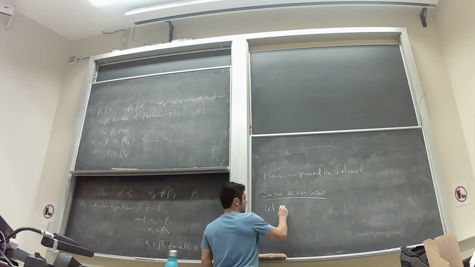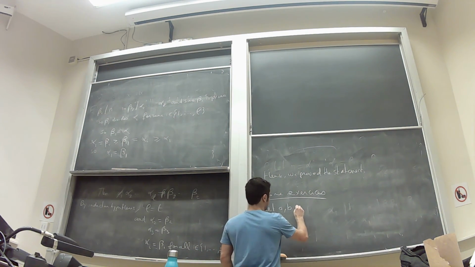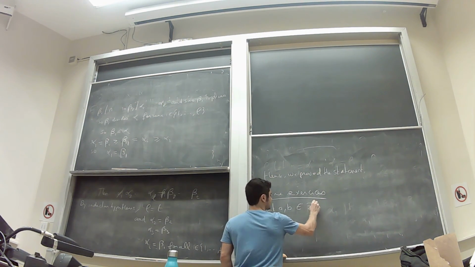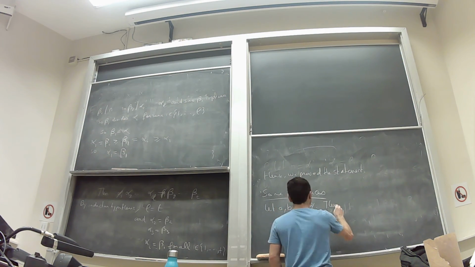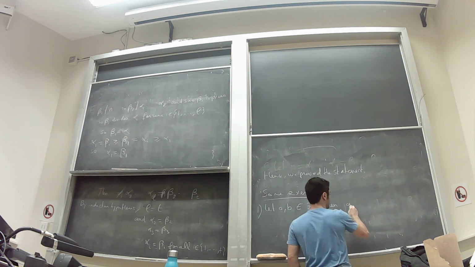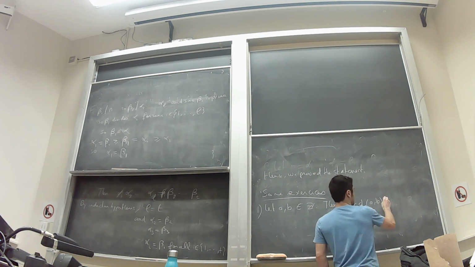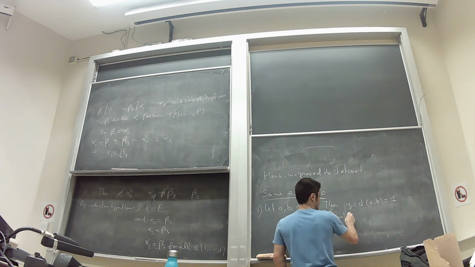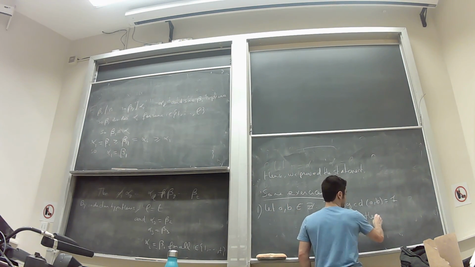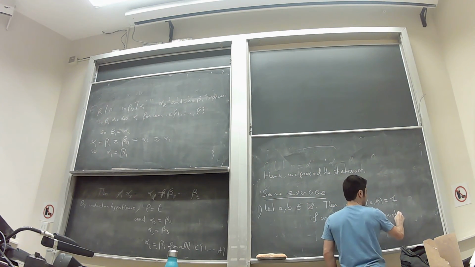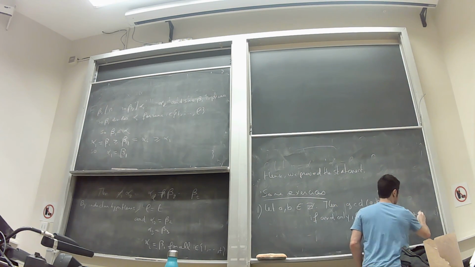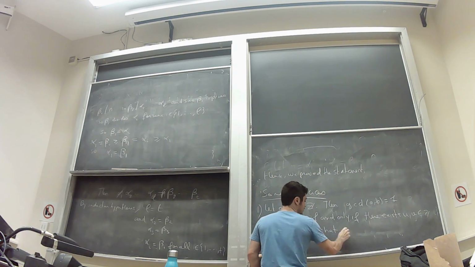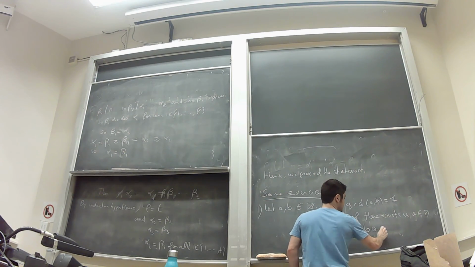So let A, B in Z. Then GCD(A, B) is equal to 1 if and only if there exist U, V in Z such that AU plus BV is equal to 1.